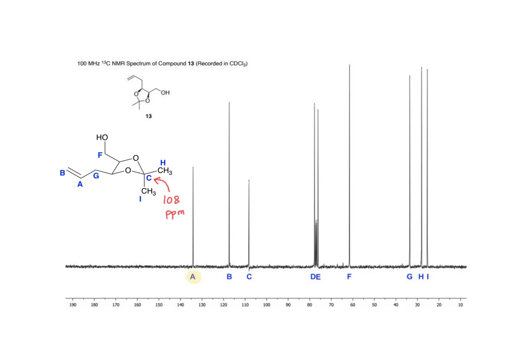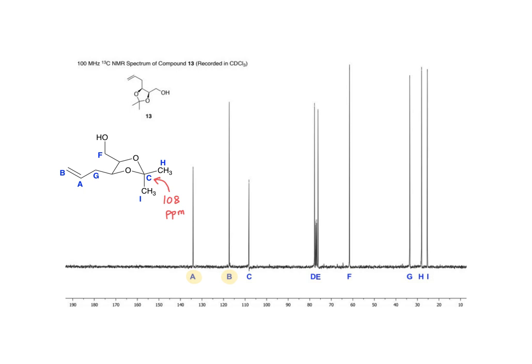For the alkenes A and B, A gives a weaker signal consistent with less nuclear Overhauser effect with only one hydrogen attached to carbon A versus B with 2 hydrogens attached to carbon B. This could be confirmed if we had access to a DEPT spectrum.